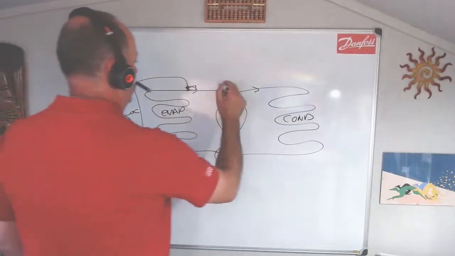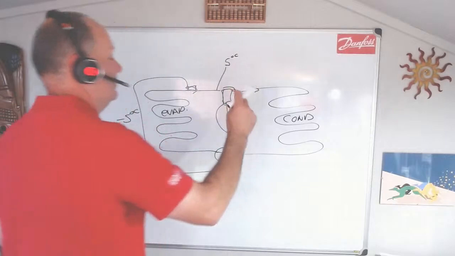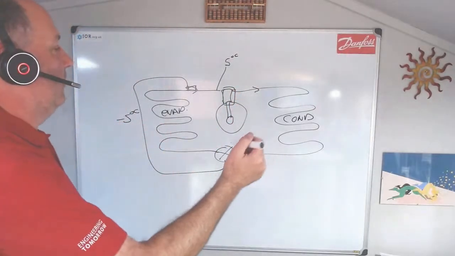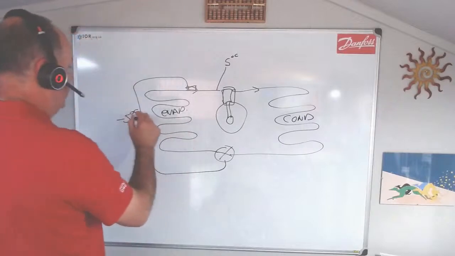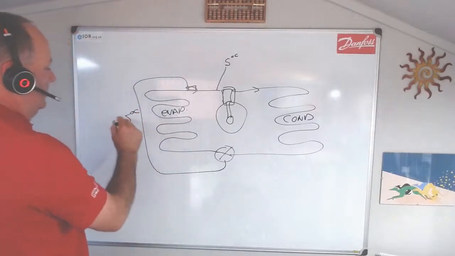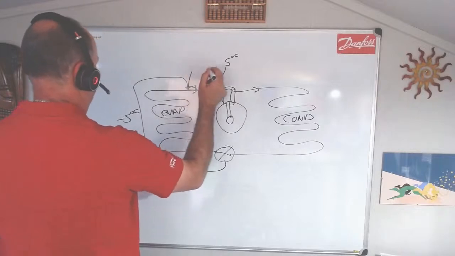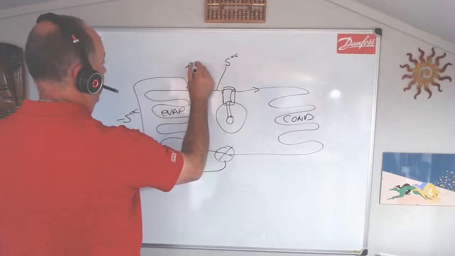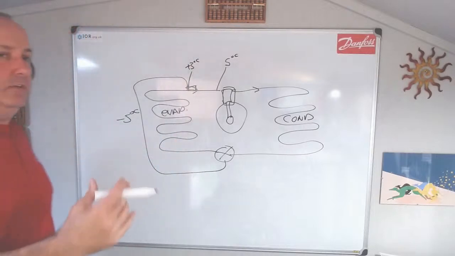If our suction temperature is -5, depending on the refrigerant we're using, and we've got let's say +3 there, so we've got 7 degrees of superheat.